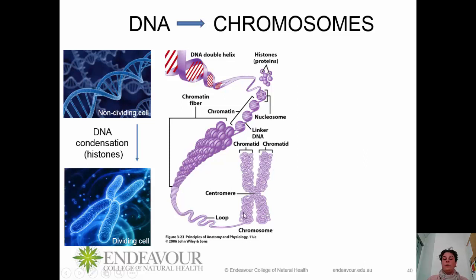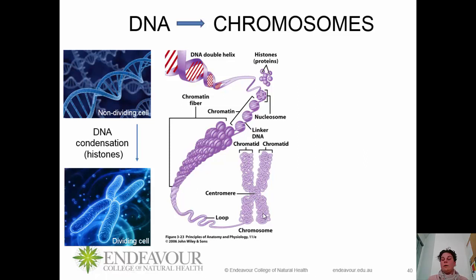One of these chromatids comes from mum, the other one comes from dad. So chromosome structure is extremely important. You need to know it so that we can discuss the division of the cells later on. So a chromosome has a centromere, which is the central point of the chromosome, and it has two different chromatids.